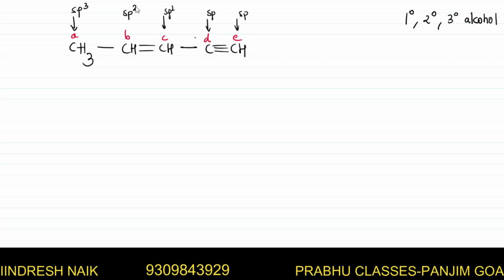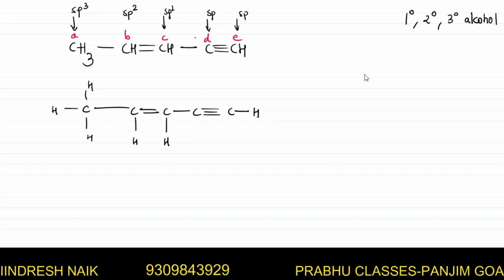How to identify that? See, if you open up this structure, it is this way. On this carbon, there is no double bond connected. So all are single bonds, right? On this carbon, there is one double bond, right? And on this carbon, there is one triple bond, right?